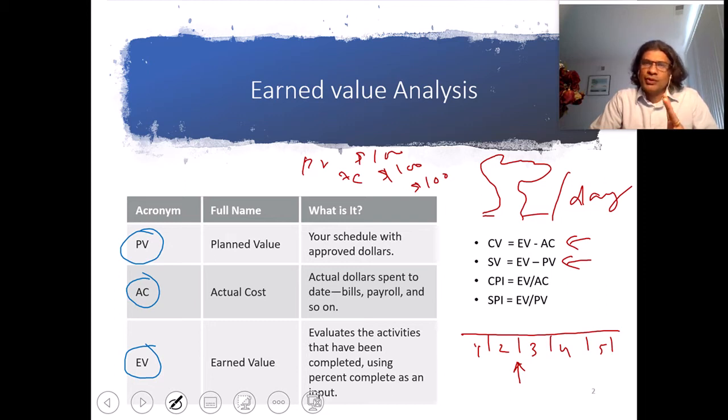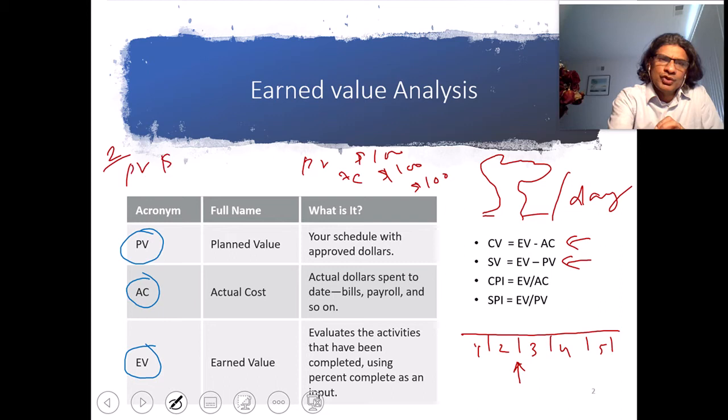So the dollar equivalent is 200. So on day 2, PV is supposed to be 200. And before I go to actual cost, what is EV? According to his performance, in total he planted only one tree, so it's only 100.